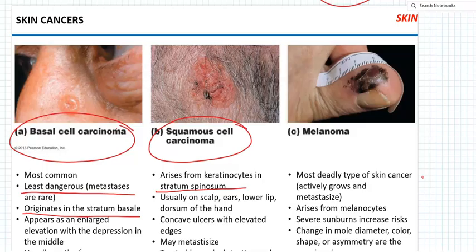The mechanisms that prevent division are removed, the cell starts to divide, and proliferation results in a tumor. These tumors are more invasive, more likely to metastasize. And then finally, melanoma, completely out of the blue, melanocytes. While basal cell carcinoma is common on the face, and squamous cell carcinoma is common on the head and hands, melanoma can arise anywhere.